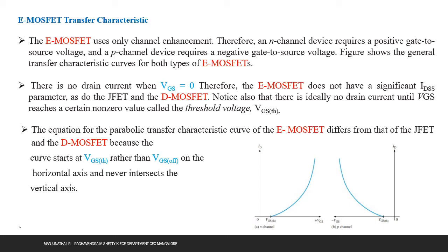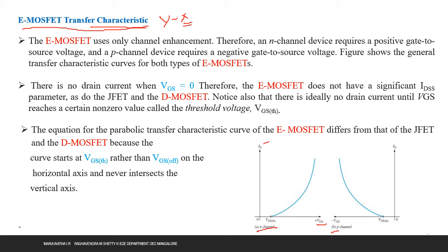Here we come to know the E MOSFET transfer characteristics curve. For any transfer characteristic curve there are two things, the y-axis and the x-axis. Coming to the figure, we have two figures, figure A and figure B. In figure A, along the x-axis we have plus VGS, and along the positive y-axis we have ID.